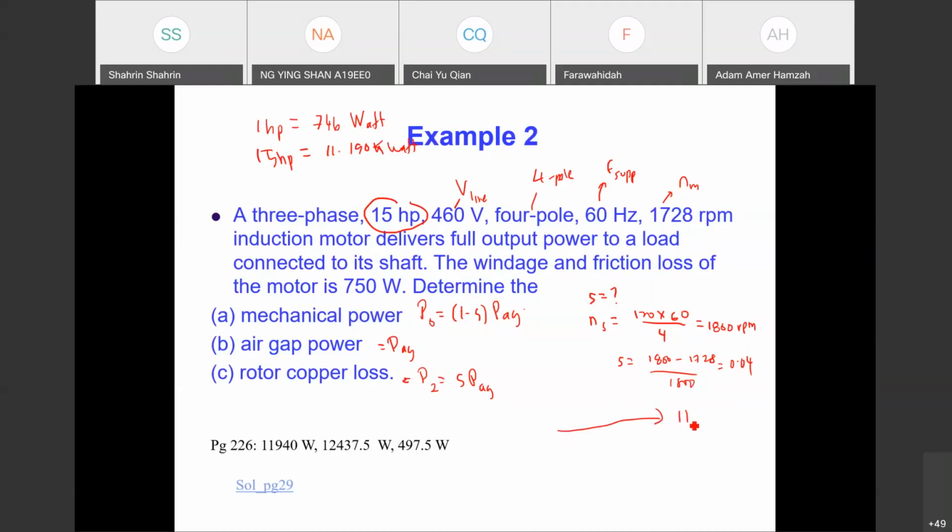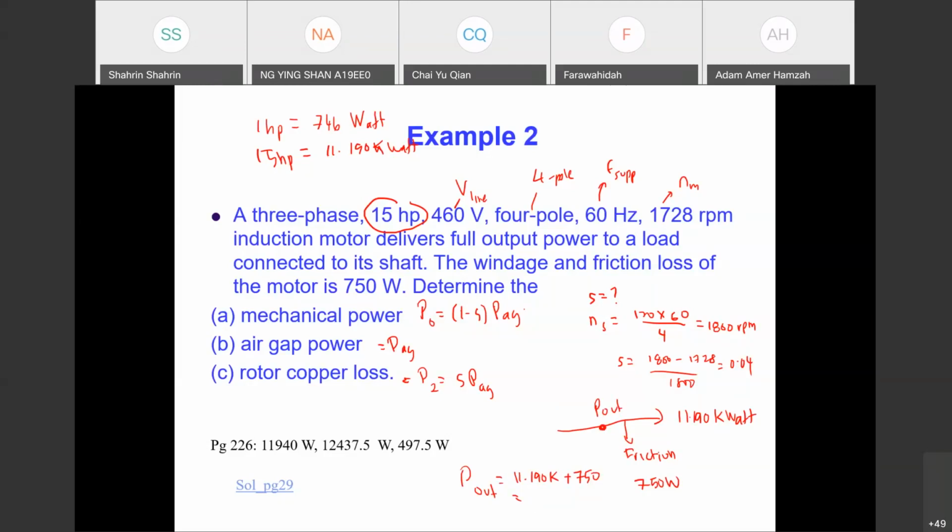This is the output, 11.190 kilowatt. And then we have friction losses, which is 750 watt. So the P out here, you need 11.19 kilowatt plus 750 watt.